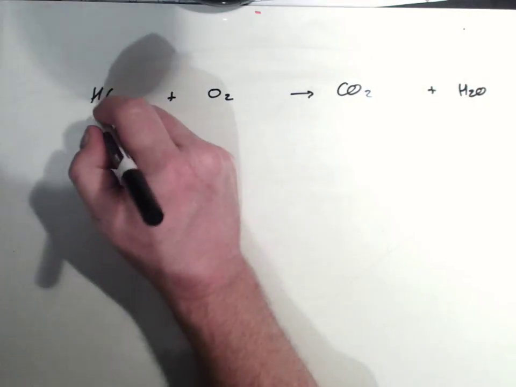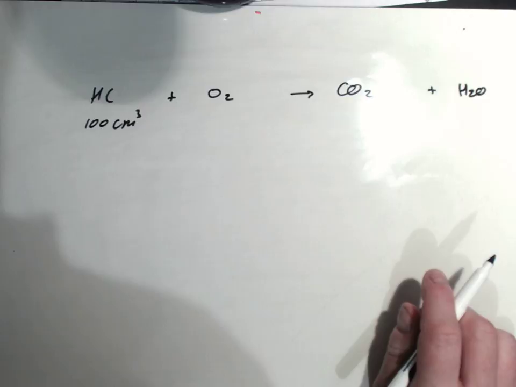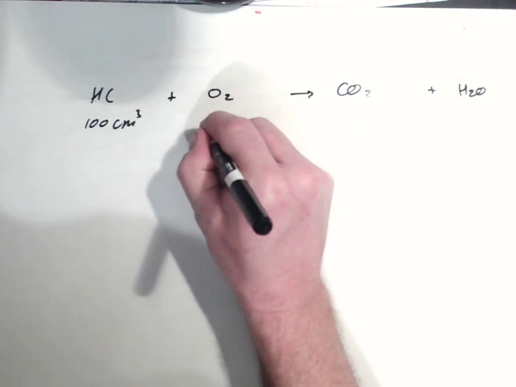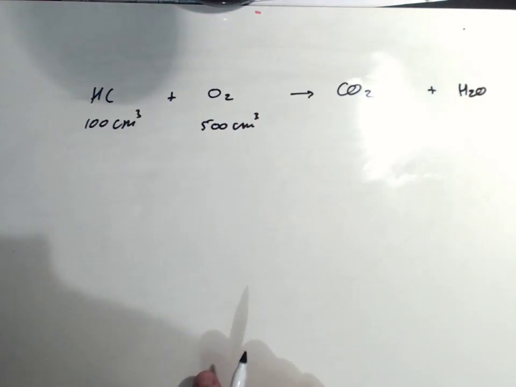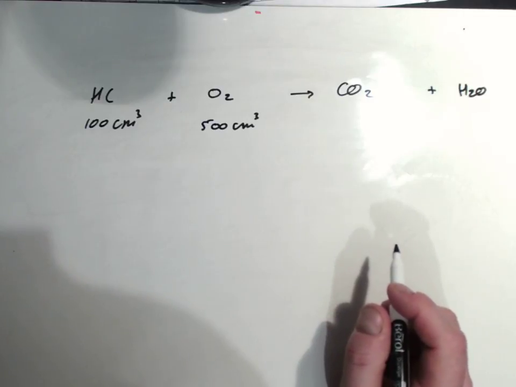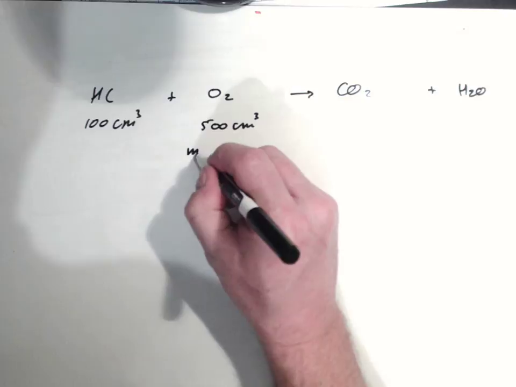So the examiner tells us that we start off with 100 cubic centimeters of the hydrocarbon, and it is burnt in 500 cubic centimeters of oxygen, and it tells us that at the end of that 50 cubic centimeters of the oxygen was unused.